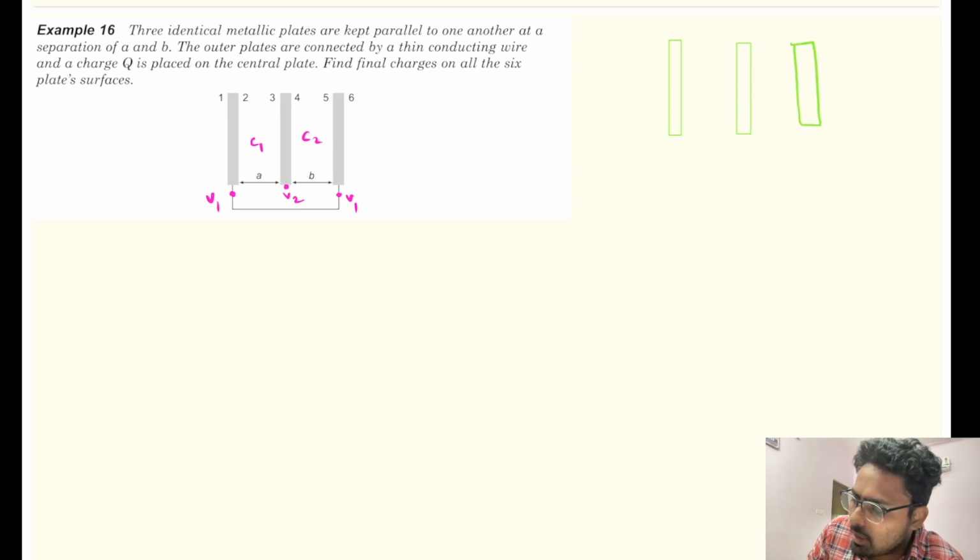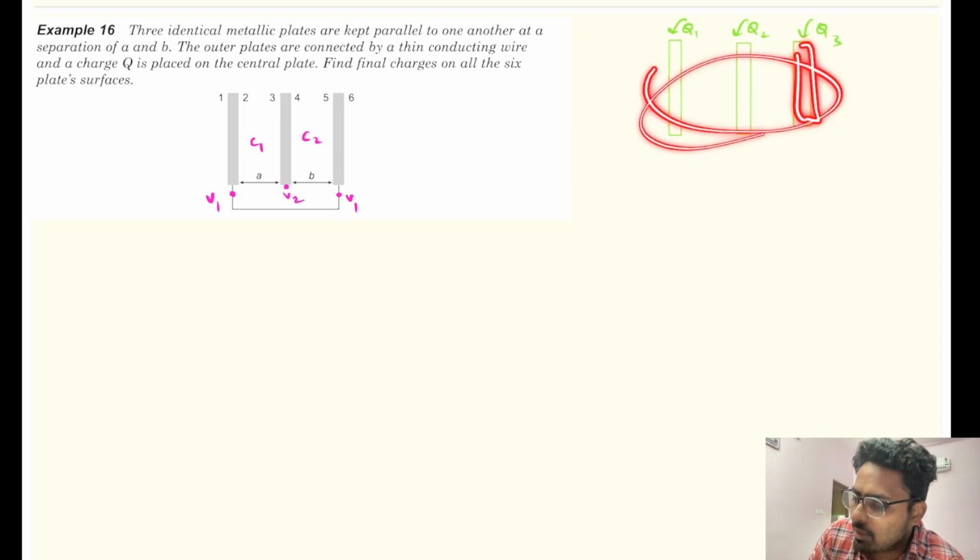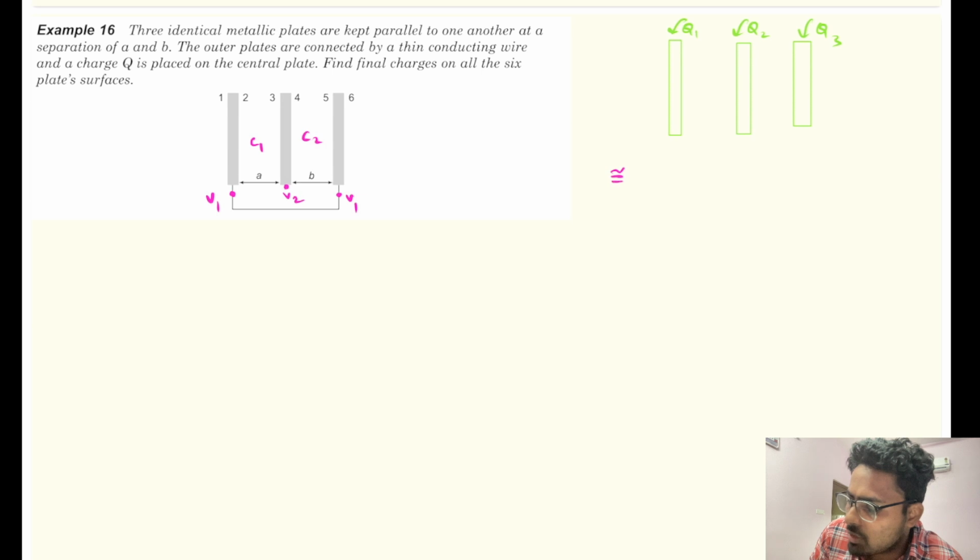Let's say initially this one is given some Q1 charge, this one is given Q2 charge, this one is given Q3 charge. Because of this capacitive nature, the final charge distribution will be something like this. So how will the final charge distribution be?